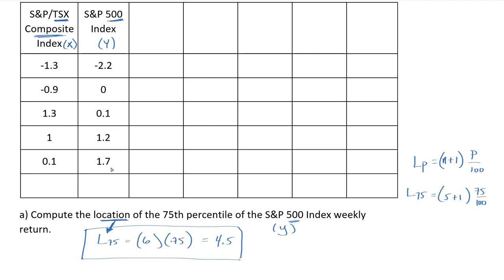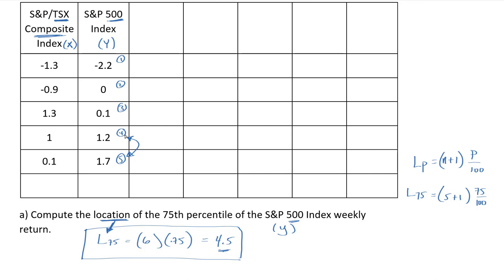So our data is in order. What we're looking at here is our first value, our second value, our third value, our fourth value, and our fifth value. If the location of the 75th percentile is 4.5, that means it's not the fourth number, it's not the fifth number, but it's halfway between the fourth and the fifth numbers.